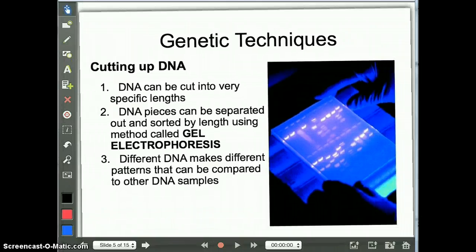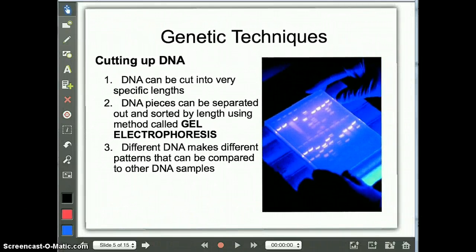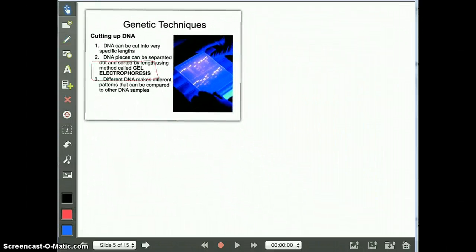All right, so what do I do in order to do some of those techniques? I can start to separate out DNA based upon size. Now, in this example, you see an illustration on DNA fingerprinting based upon size of genes that I've separated out. Now, the process of actually separating out those genes is done through what's called gel electrophoresis. So if you see what's happening here, I've got this big well.